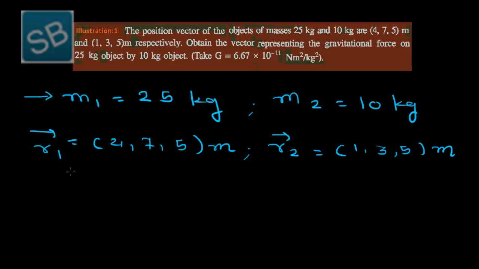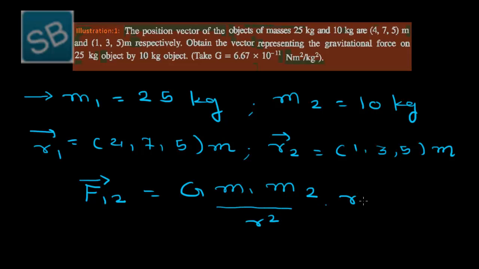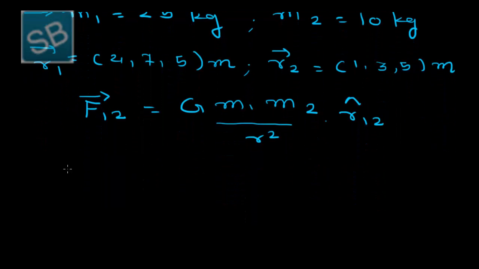So first of all, the force on particle 1 by particle 2 is equal to G M1 M2 divided by R square into R12 cap. This relation we have seen in the Newton's law of gravitation theory.